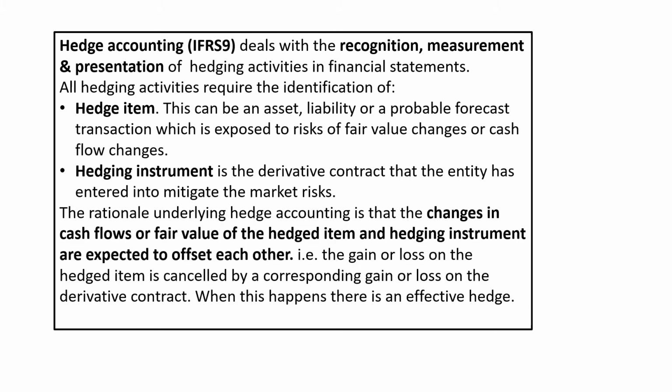The rationale underlying hedge accounting is that the changes in the cash flow or fair value of the hedged item and the hedging instrument are expected to offset each other during the hedge period, i.e. the gains or loss on the hedged item is cancelled by a corresponding gain or loss on the derivative contract. When this happens, there is an effective hedge.